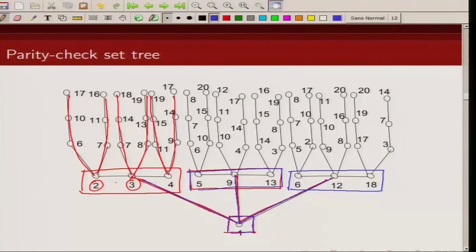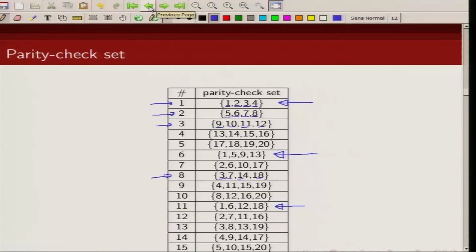Now, how do we draw tier 2? Now, look at each of these bits, look at 2. Now, 2 appears in which? 2 appears in parity check set 1, 2 appears in parity check set 7, 2 appears in parity check set 12, right.